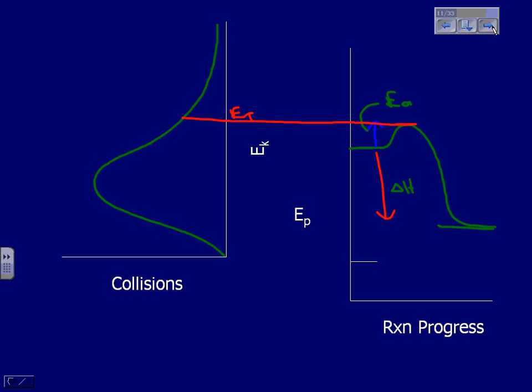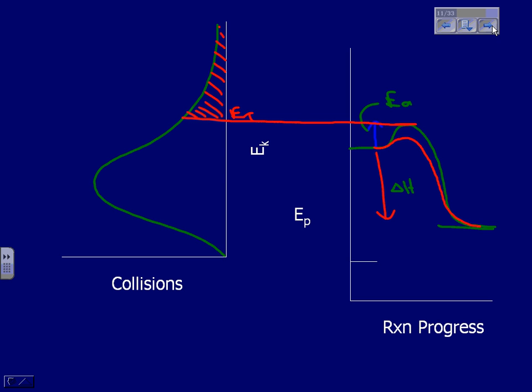So if the ET is the same as the EA, then I'm going to have all of these guys react. All right, there we've got a successful reaction right in there. But if I change now the reaction pathway, I'm going to drop it down here, I'm going to add a catalyst. So there's my catalyst.